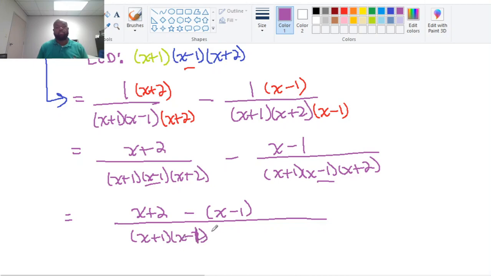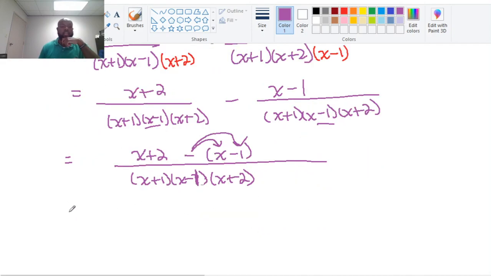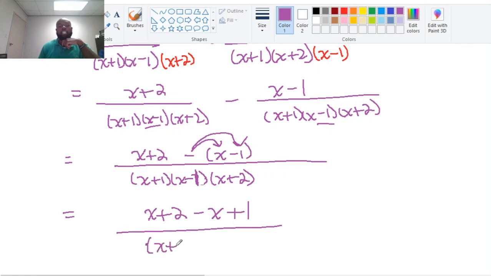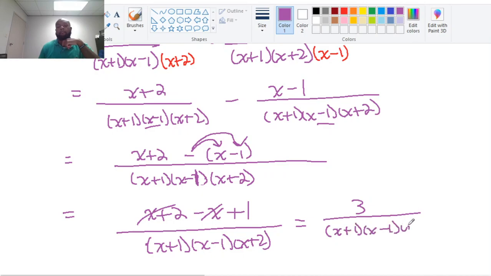Let's make sure you know that that's the x minus 1 there. Notice I put this in parentheses, and that parenthesis is needed because both of those have a negative. And so that would be x plus 2 minus (x minus 1) over that same LCD. And that equals, the x's cancel, and I have 3 over my LCD, which is that right there.